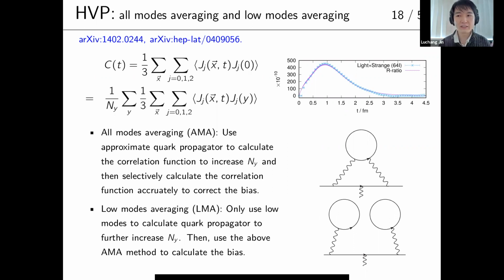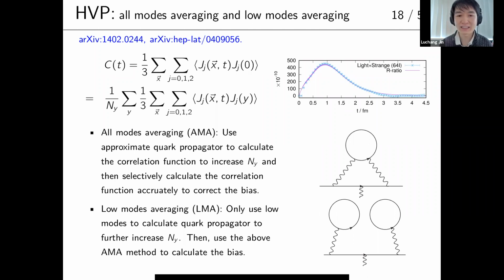The idea is that we truncate the iterative process to obtain the so-called sloppy propagators, and only use a relatively small subset of points where we also calculate the propagators accurately.